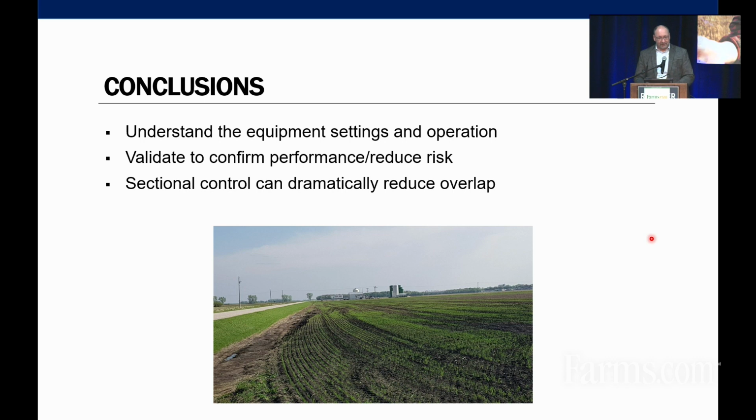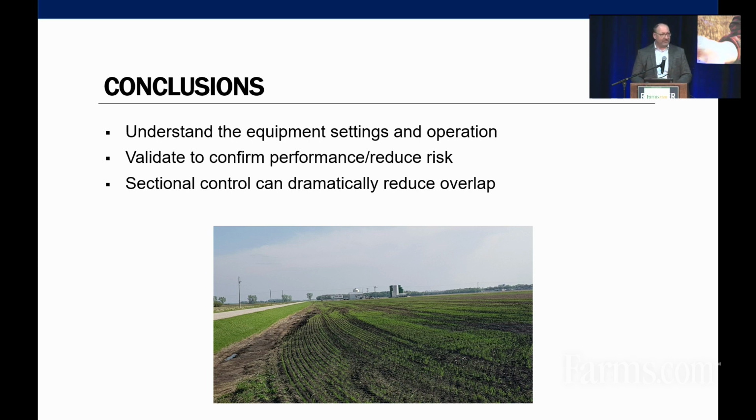I guess just in conclusion, really understanding your equipment and settings is one of those key parts of the overall process, whether it's a combine, air seeder, any kind of equipment. You've got to know your machine, you've got to know the variables that you need to invest some time in to set up and optimize very well.